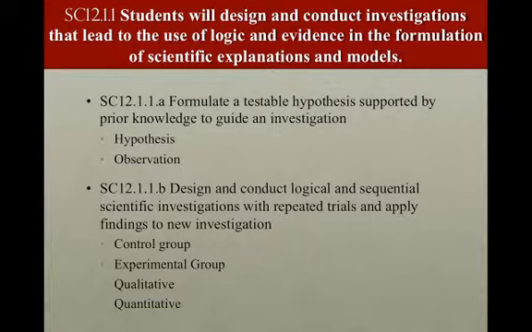Experimental, you change something. You're testing one of the variables and you change that variable for the experimental group. Like plant growth, you would have one with just normal amounts of water, but then the next one you might vary the amount of water or vary the amount of sunlight or add something to the water. Those would be the experimental groups.